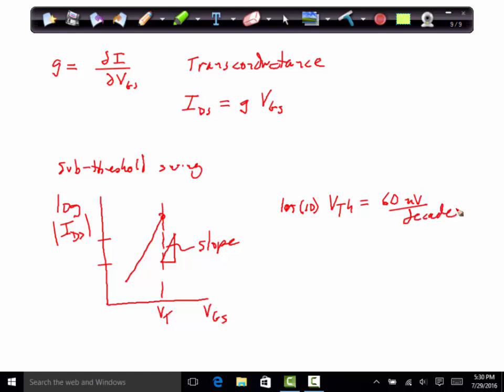And in the next chapter, we'll see where this comes from when we discuss the subthreshold leakage current or subthreshold conductivity.